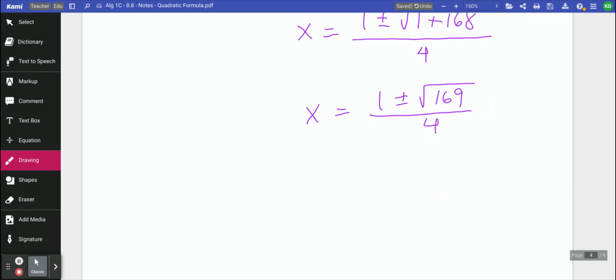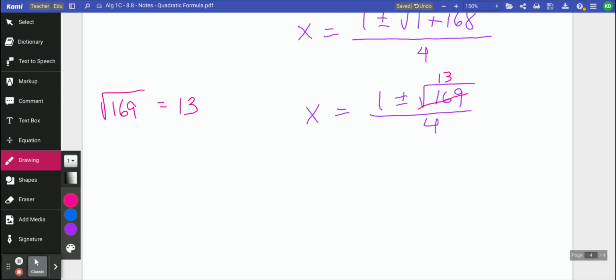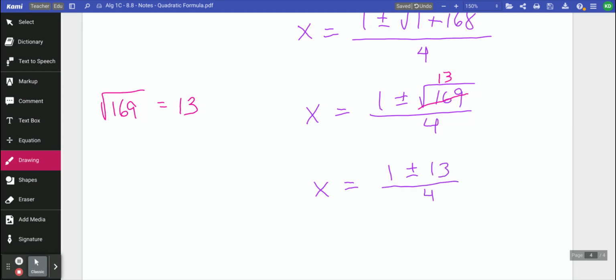The square root of 169 is equal to 13. So I can cross this out and I can put a 13 here. So let's do that in the next step. X equals 1 plus or minus 13 all over 4.